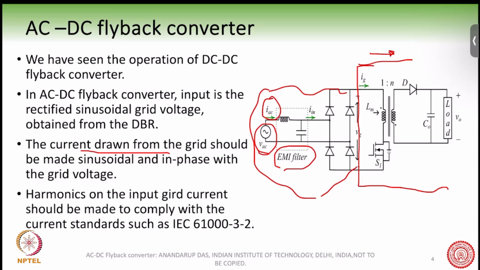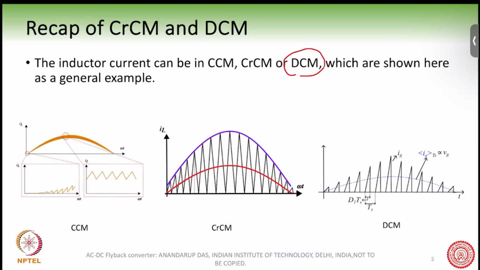We will see this LED driver a little bit later in the slides. One of the things that is very popular and mostly used in AC-DC flyback converters is that the converter generally operates in DCM mode.